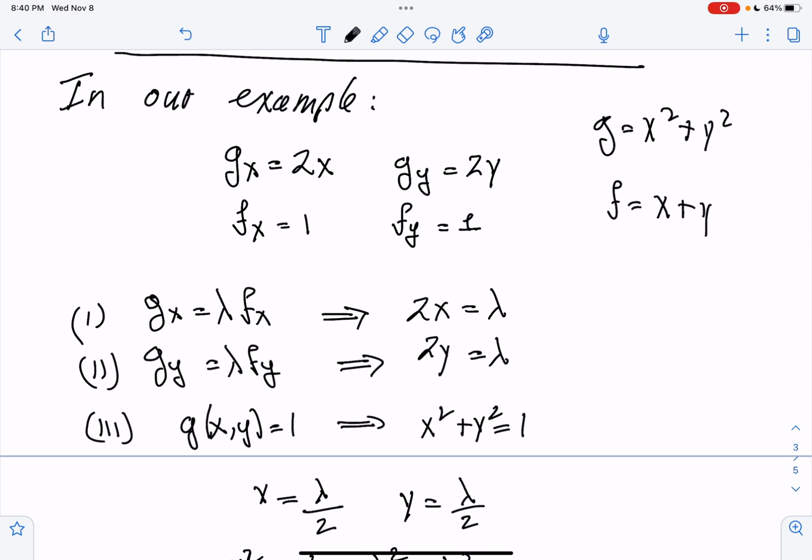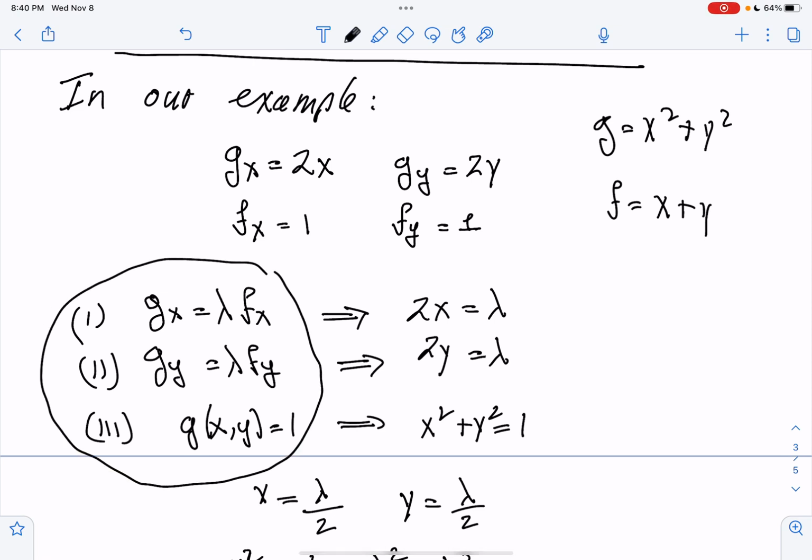Now we have our three equations that we need to solve. Gx equals lambda fx. That becomes 2x is lambda times 1, or lambda. Gy is lambda fy, becomes 2y is lambda. And then the constraint g equals 1 means x squared plus y squared equals 1.